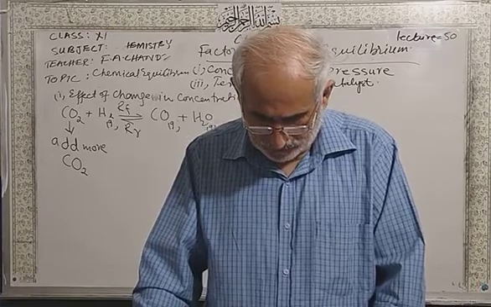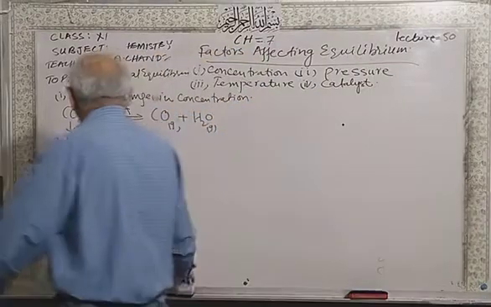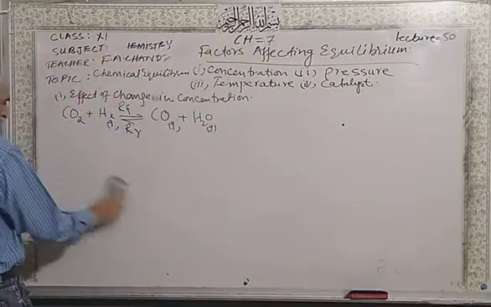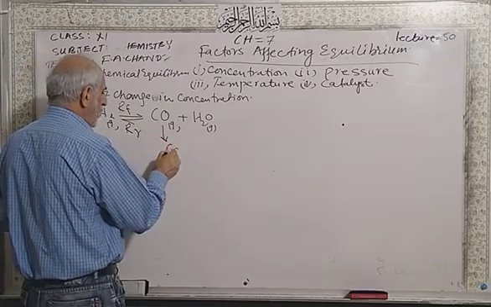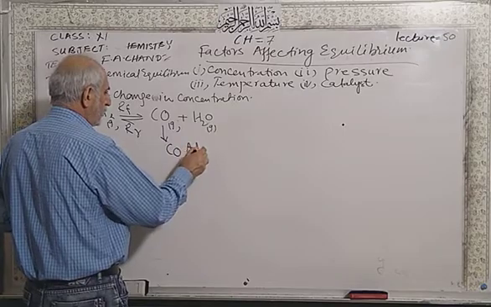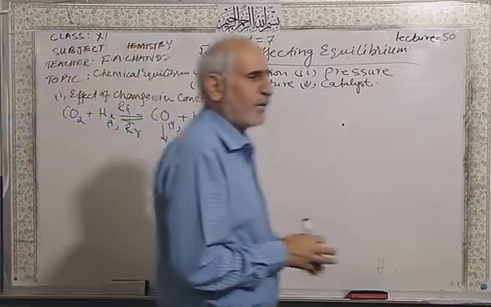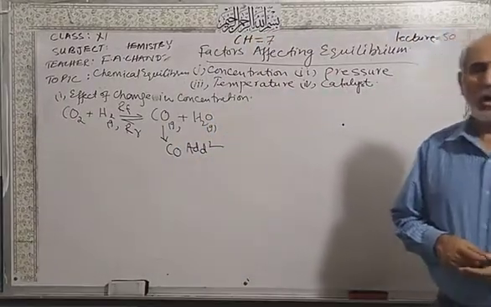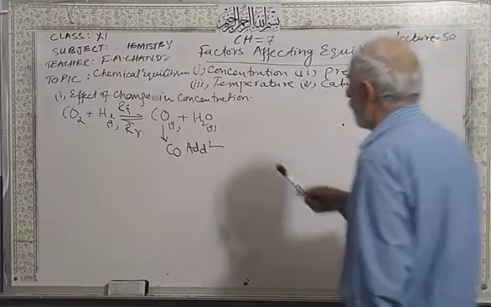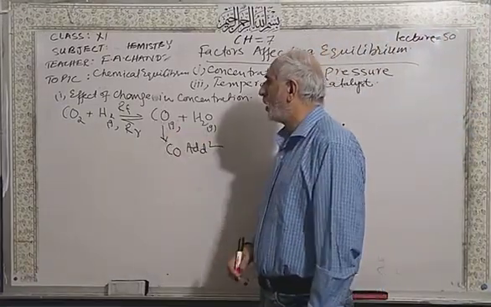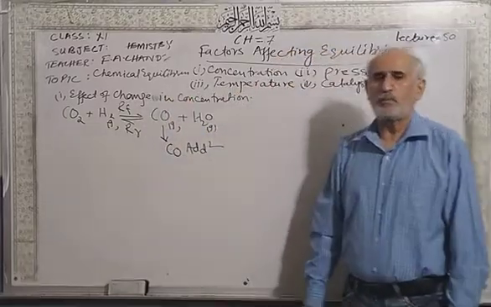Now suppose I add more carbon monoxide. On the product side, if I add something, carbon monoxide, suppose I add more in the equilibrium mixture, again the equilibrium is going to be disturbed.